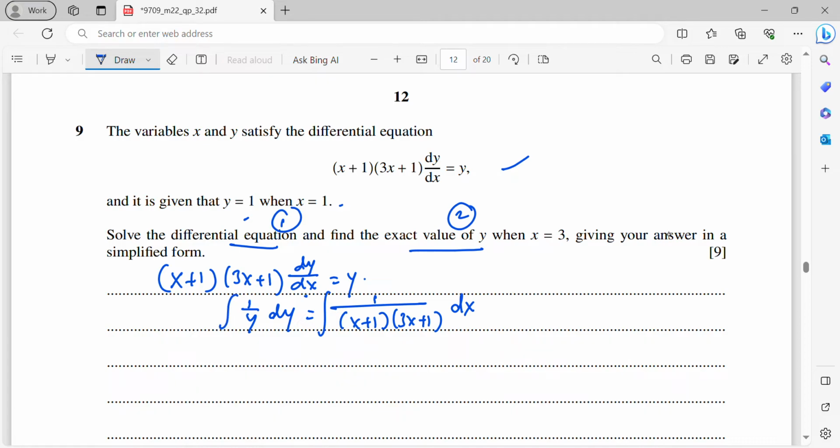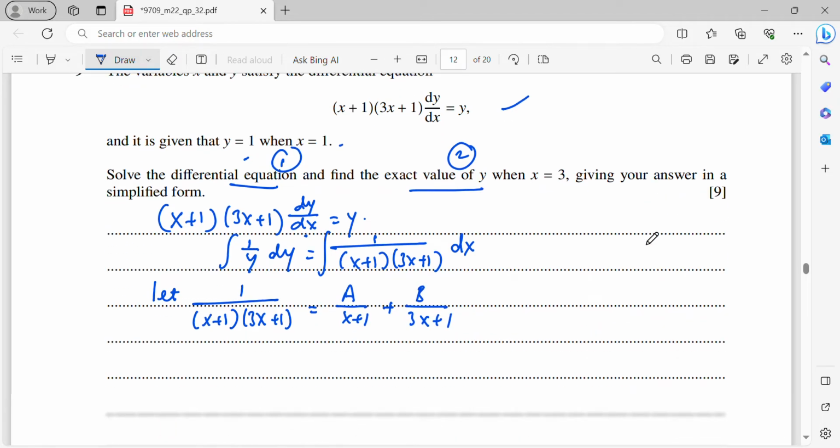So for the right hand side, to integrate the rational function, we need to solve the partial fractions. So I will let 1 over x plus 1 times 3x plus 1 be a over x plus 1, plus b over 3x plus 1.